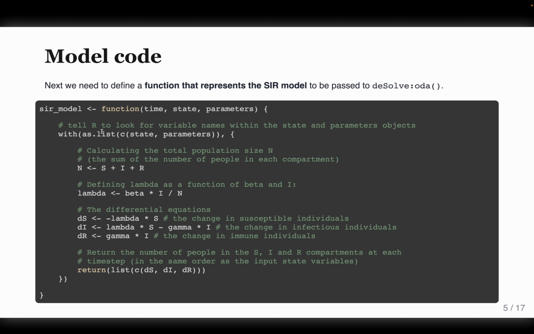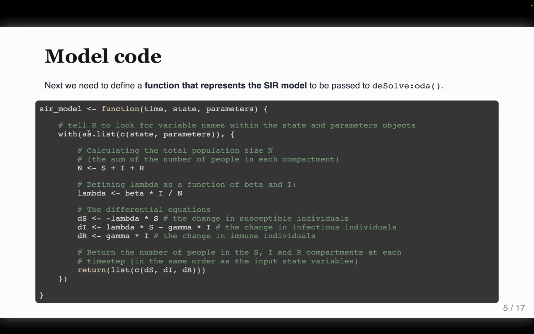If we didn't use this syntactical trick, then we would need to write every time state square brackets S, state square brackets I, state square brackets R, and also for the parameters, we would need to use parameters square brackets beta, parameters square brackets gamma, and so on. To make it easier to write the code, we can use with in order to access the variables inside this object directly.